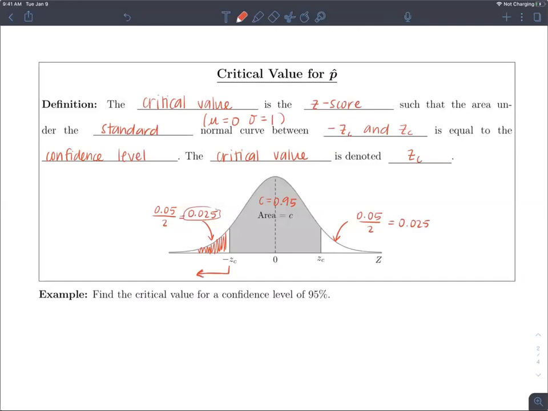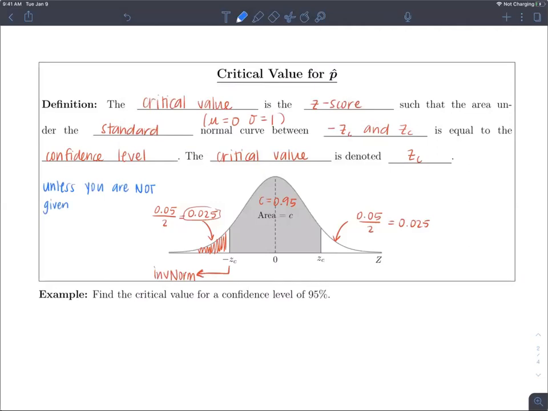Here, I'll give you a list of options. Your options are z-test, z-interval, inverse norm, t-interval, t-test. Yeah, inverse norm, right? So here you're going to use inverse norm. So when you're finding critical values, let's make this a note.